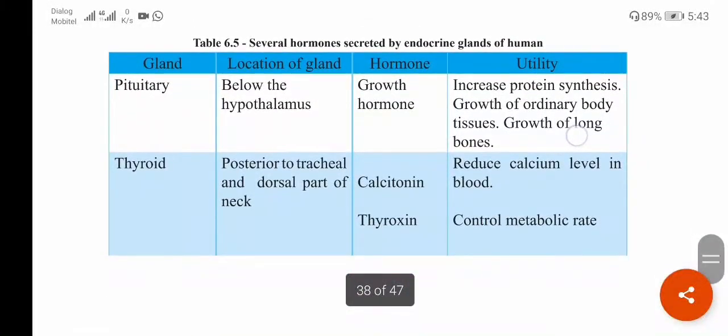The hormones secreted by the thyroid gland are calcitonin and thyroxine. Calcitonin reduces the calcium level in the blood, and thyroxine controls the metabolic rate.